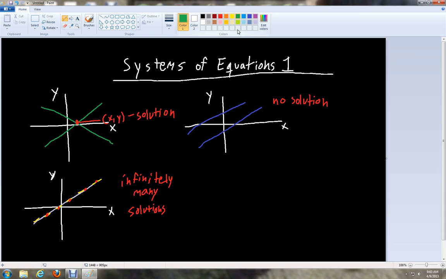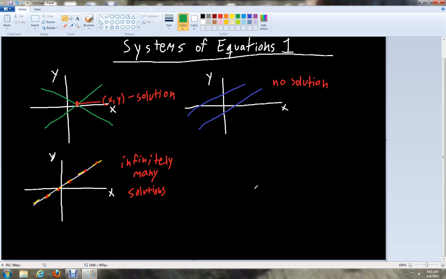So let's get started with an example to solve by graphing. Let's say we have y equals 2x minus 1 and y equals x plus 2.